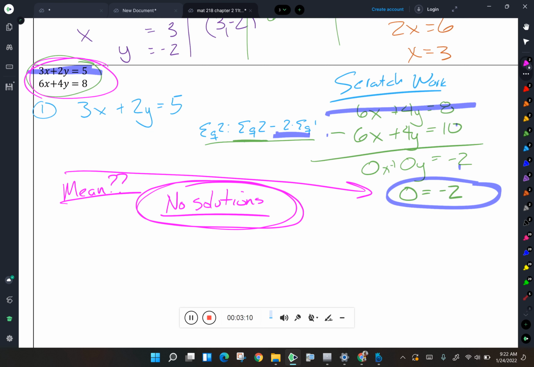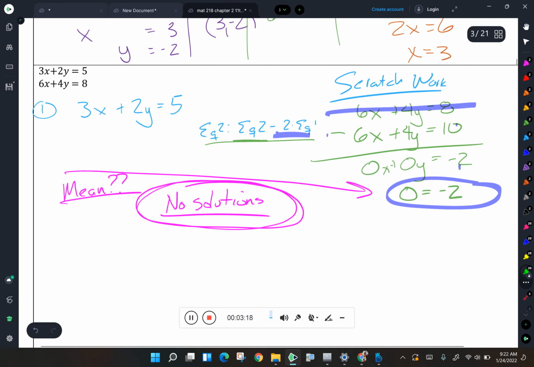Now, depending on how good you are with your algebra, you might have been able to look at the original system of equations and have noticed that the coefficients in the second equation are the coefficients in the first equation times 2. But the constant values over here, which control the intercept, are not in that same ratio.